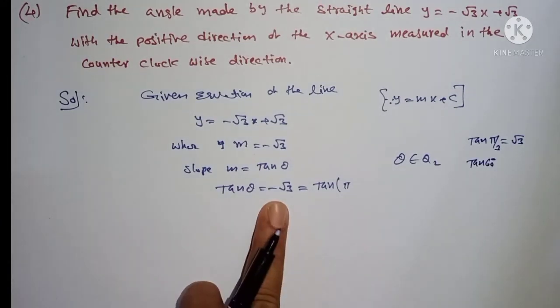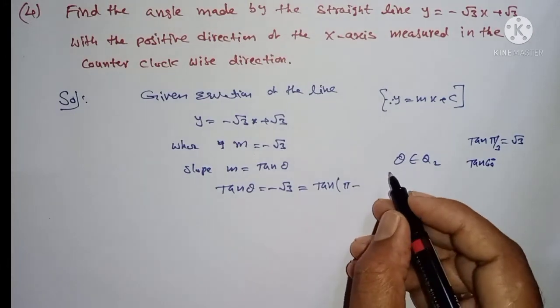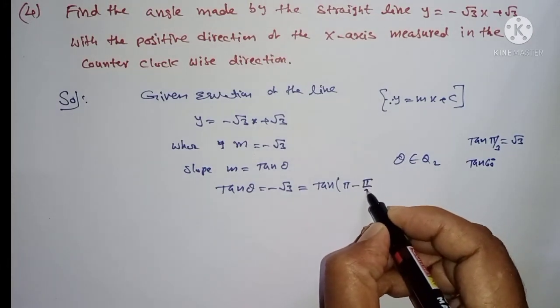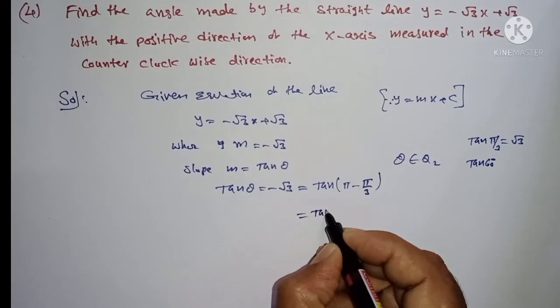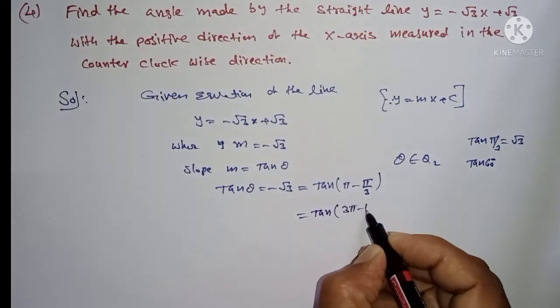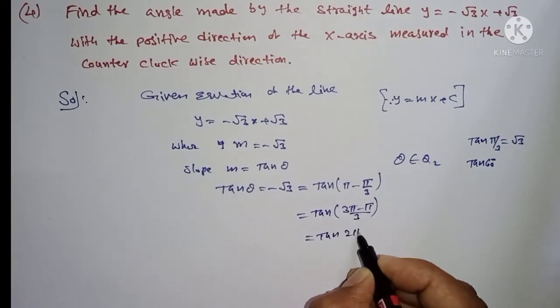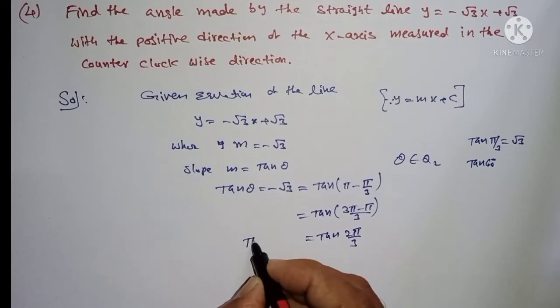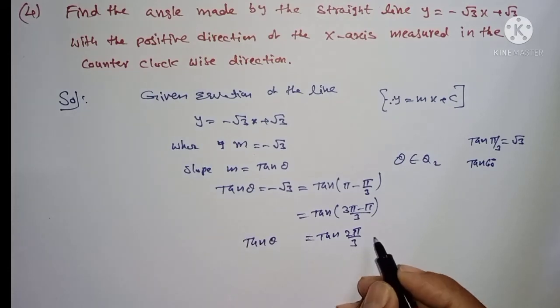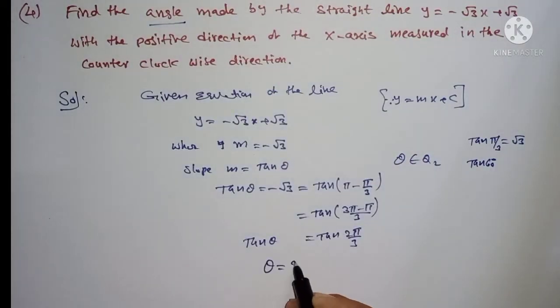Therefore, here minus is there, so in the second quadrant I can write pi minus theta, pi minus pi by 3. Therefore, tan of pi minus pi by 3 is equal to tan of 2 pi by 3. Therefore, tan theta is equal to tan 2 pi by 3. Here they are asking for the angle, therefore theta is equal to 2 pi by 3.